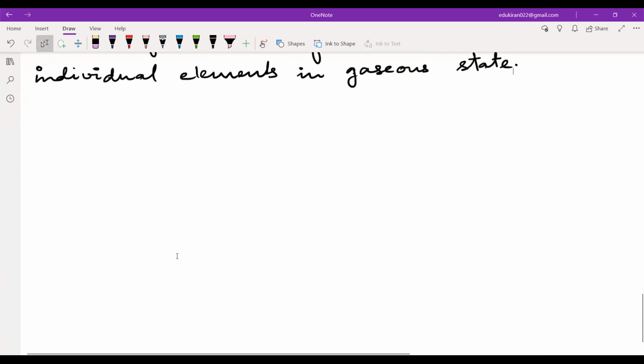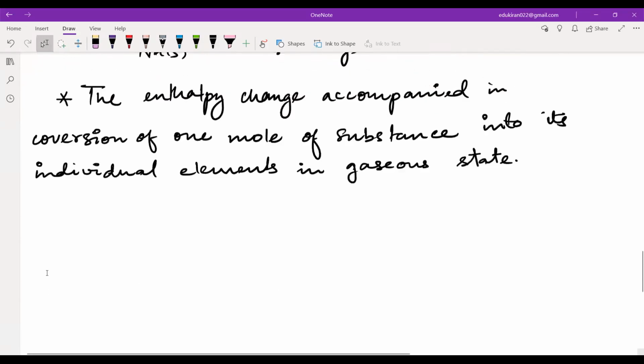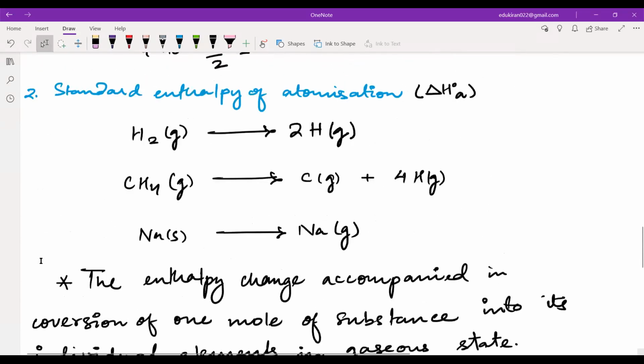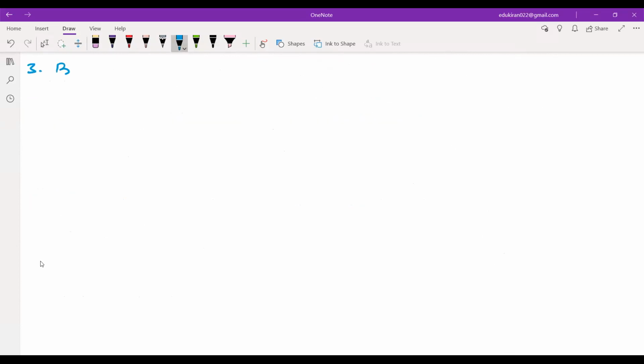Next is bond enthalpy. We have written 2, so we'll have the third one, that is the bond enthalpy. This is delta H naught, whatever the bond is.